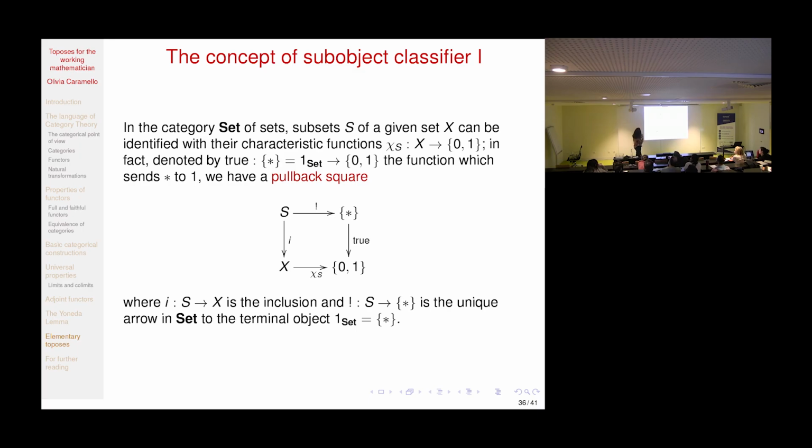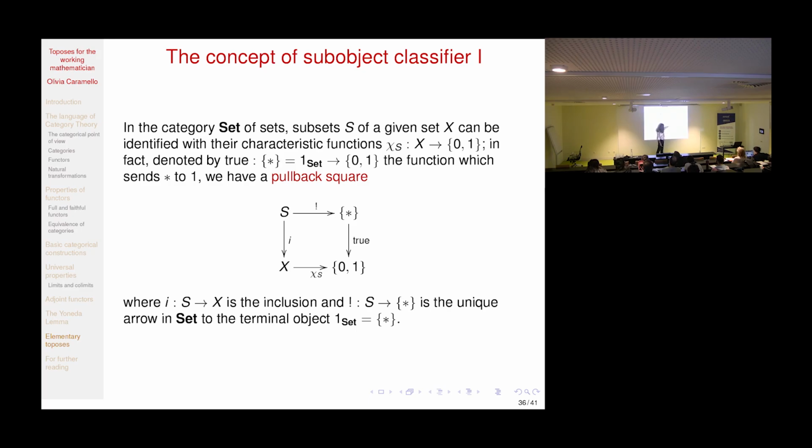So we can formalize this correspondence between subsets and characteristic maps like this. You can fit them into a commutative square, which in fact is a pullback. Here you put vertically the inclusion of the subset into the set. Here you put the characteristic map.